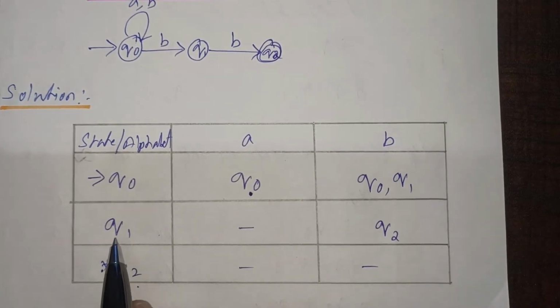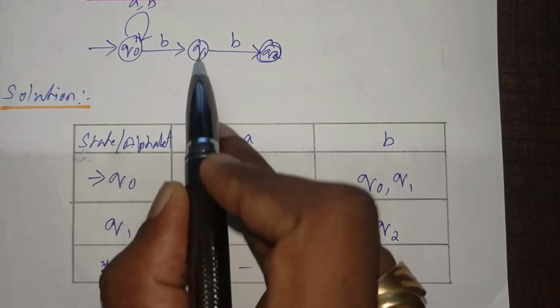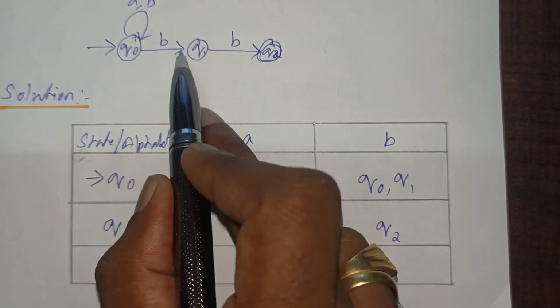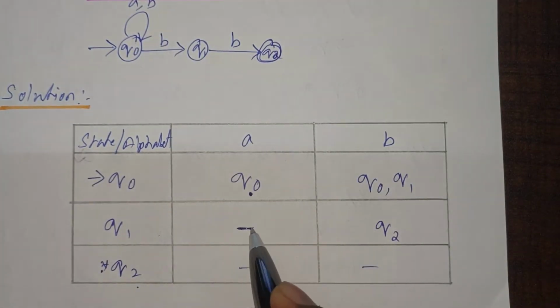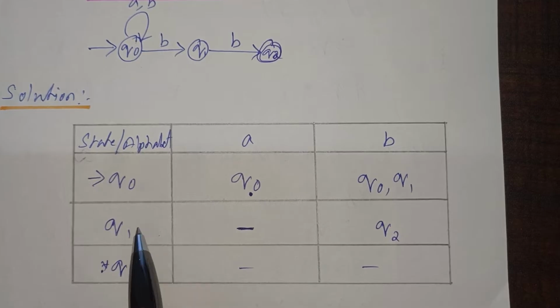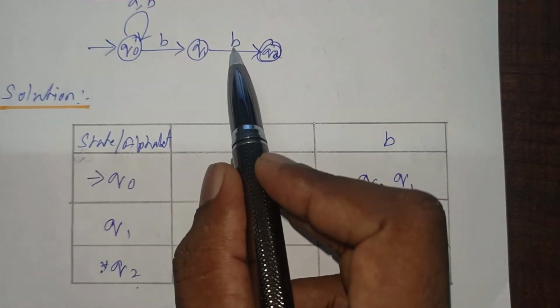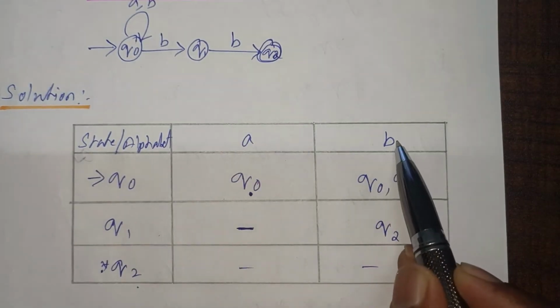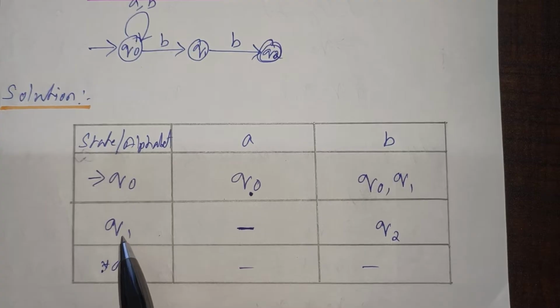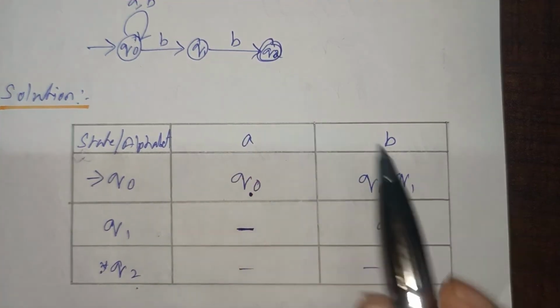Now let me take you to the second process, that is Q1. Q1 doesn't have any input A which is passed to the next state, so I have represented it as empty. Now let me check the other input passed by Q1. It is passing B to Q2. So I have mentioned that B is the input transacted from Q1 to Q2.